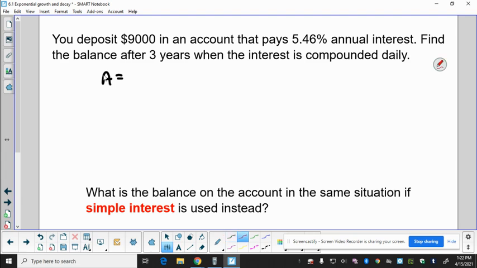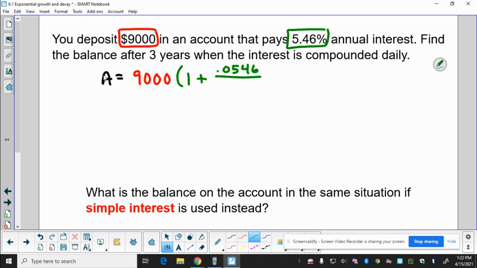All right, how much money are we starting with? $9,000. What's our interest rate? Now remember, you got to change that into a decimal. So move that over 2 places. Now the next thing is, how many compounded periods are there?